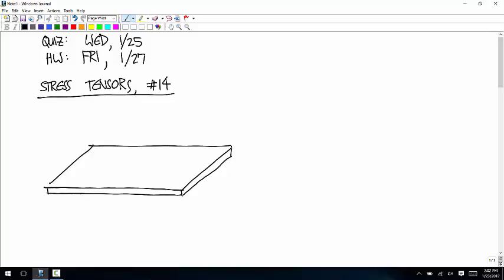One of the lengths is 1 meter. And then the length in this dimension is 1/2 meter.